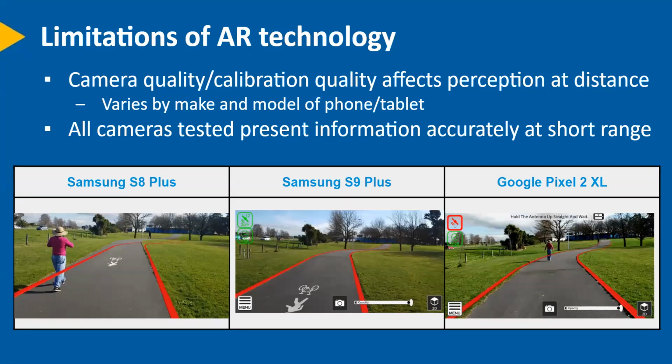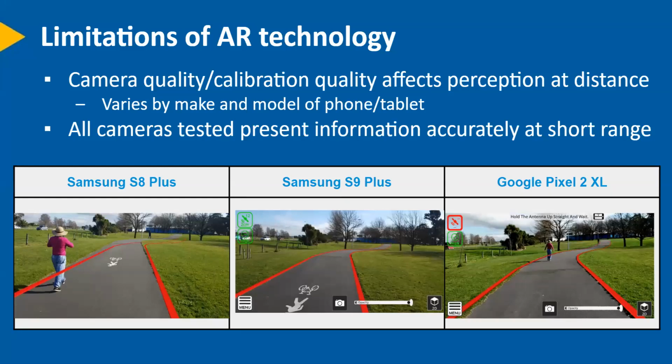Different devices have different cameras, and those different cameras have different capabilities, especially as it relates to the drawing of data further away from the user. So just a couple of comparisons here from the Samsung Galaxy S8 Plus, where further from the user, you can see that the data kind of tails off from the edges of the pavement.